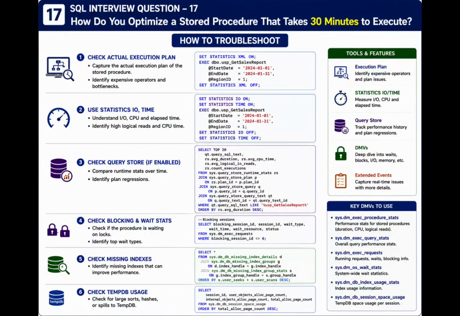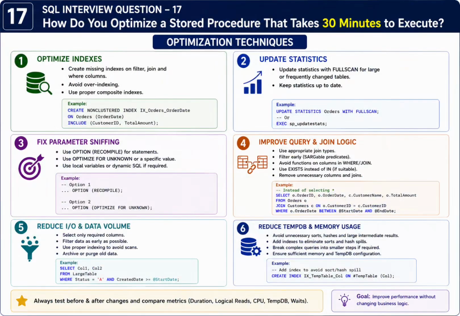Then, what are the optimization techniques? We already discussed this, but now we have identified the problem, so we can optimize it. If indexes are missing, I create appropriate indexes on join conditions, WHERE clauses or ORDER BY columns. If statistics are outdated, we can update them.